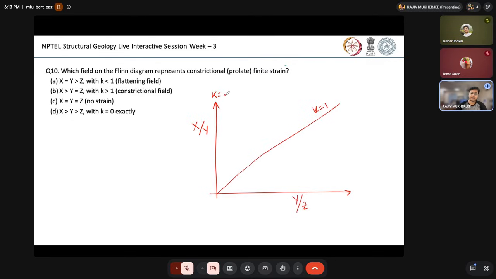This will represent k equal to infinity, and this will represent k equal to 0. So anything going beyond this line here will be the zone of constriction. Anything going down the line will be zone of flattening.